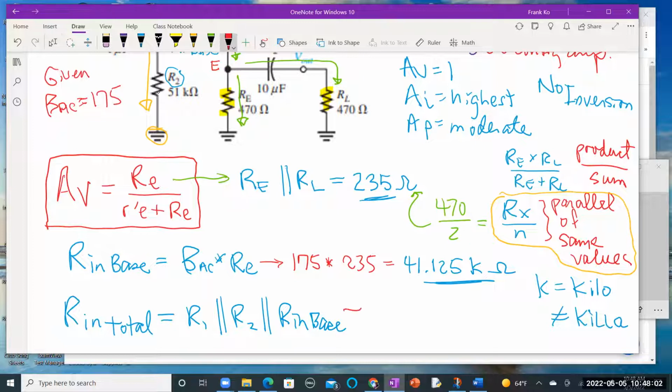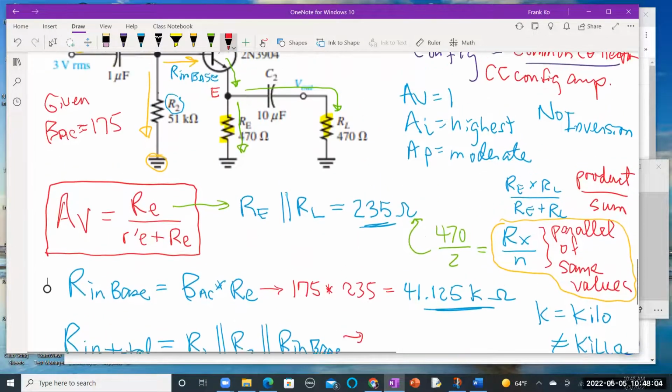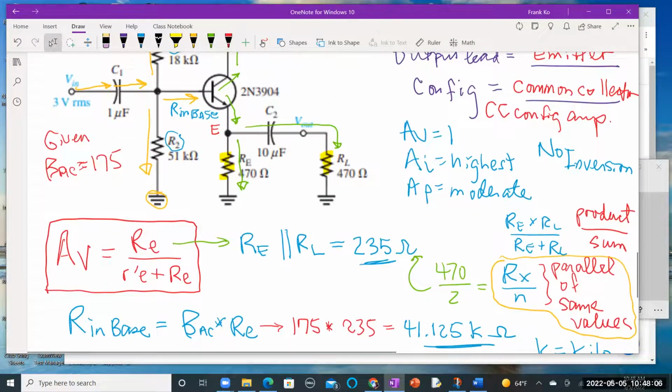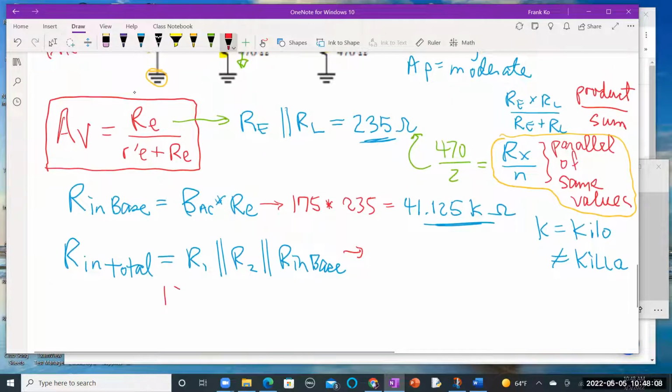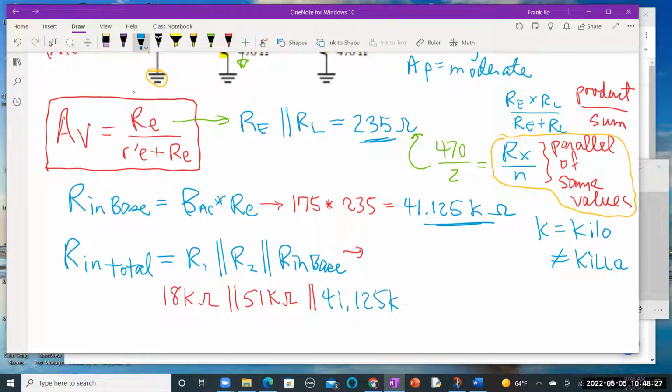Okay, so let's go ahead and pop these numbers in. Your R1 was 18 kilo and then 51 kilo. So we have 18 kilo ohms parallel with 51 kilo ohms parallel with your newly calculated 41.125 kilo ohms.